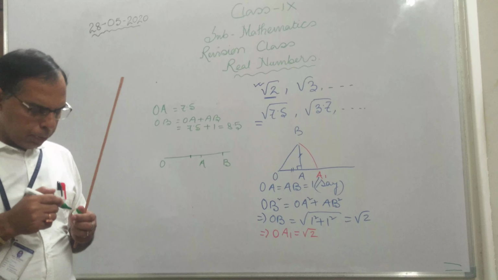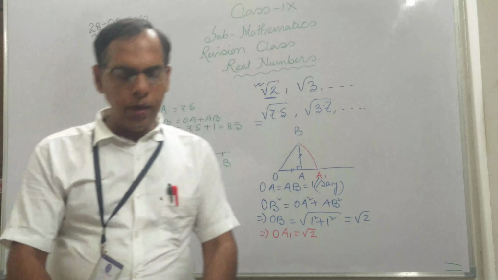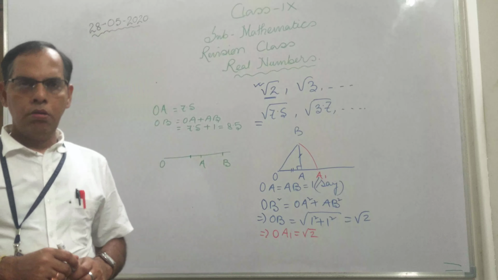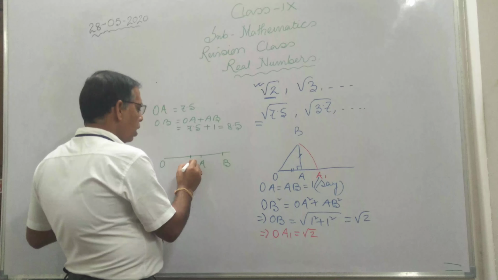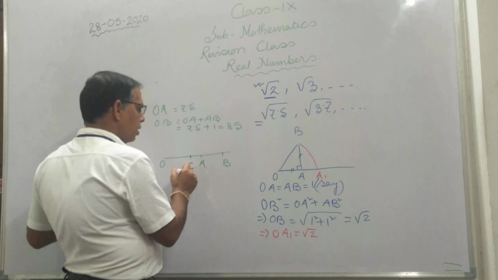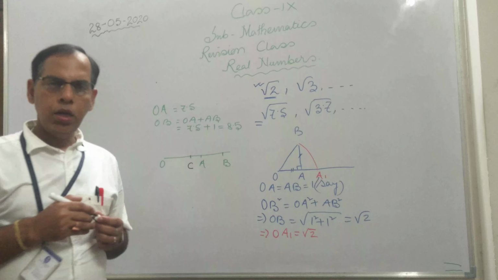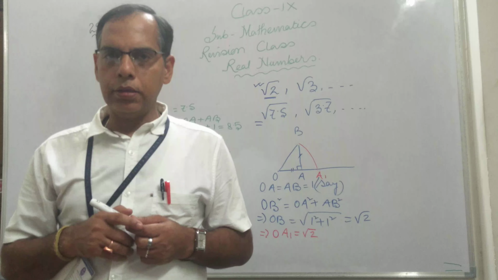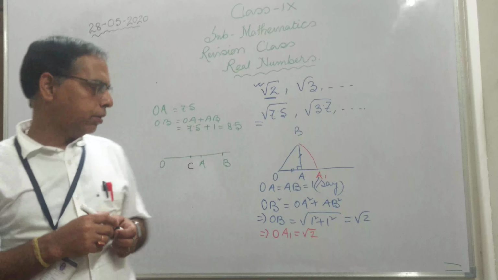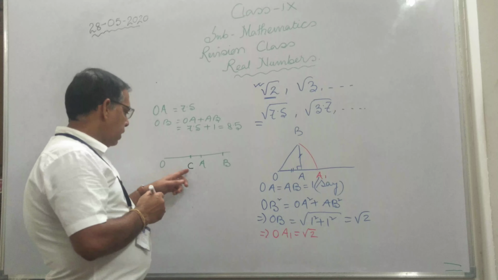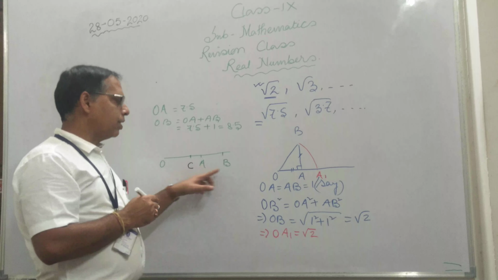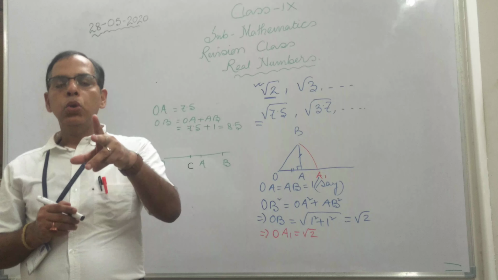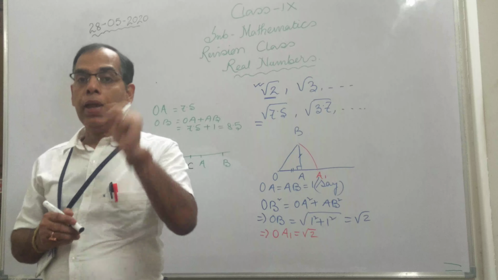Clear? Midpoint is here, and then you draw a semicircle, suppose this is C, taking C as center and OC as the radius. Remember, OC and CB are of equal length.